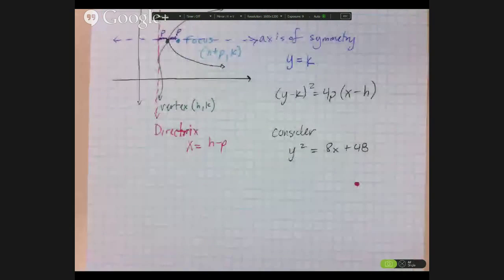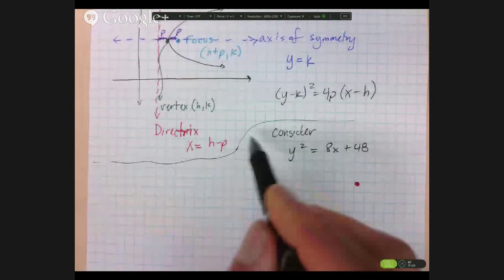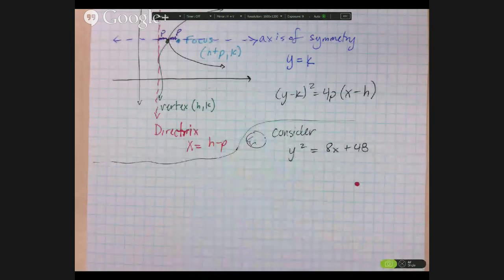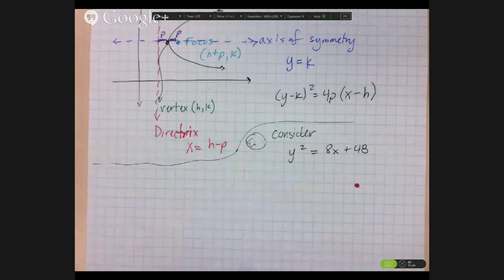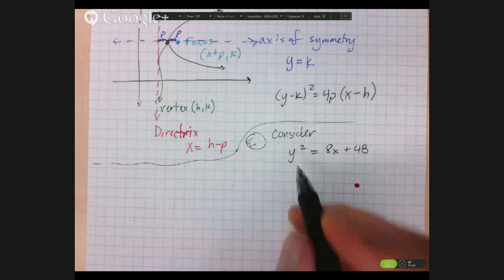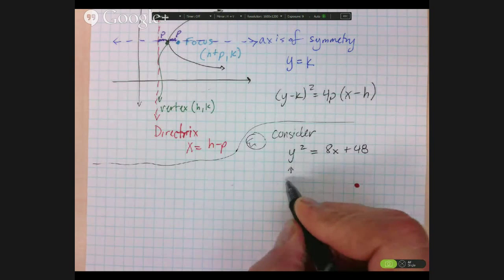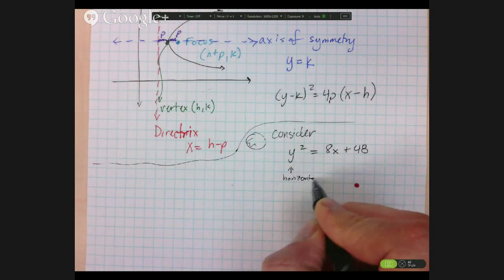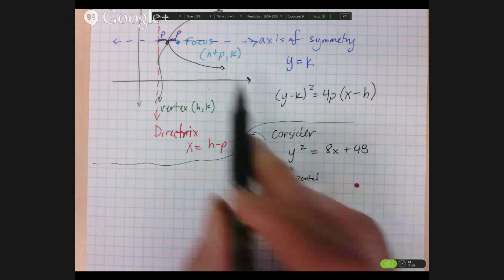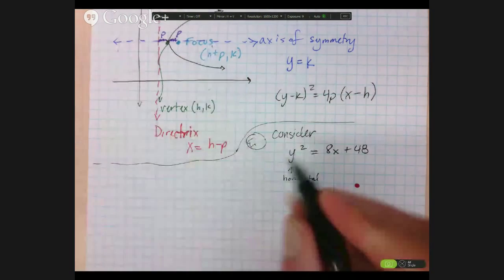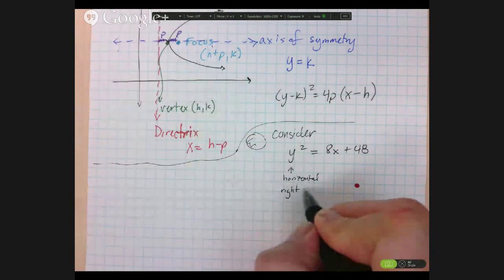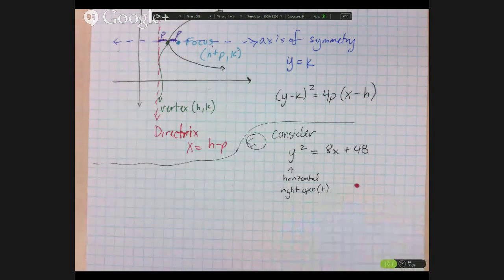Let's look at that equation there. This will be an example, so we'll calculate all these values. Based on the fact that it's y squared, it's a horizontal parabola, right? And is it open to the right or to the left? Yeah, it's positive. You got it.